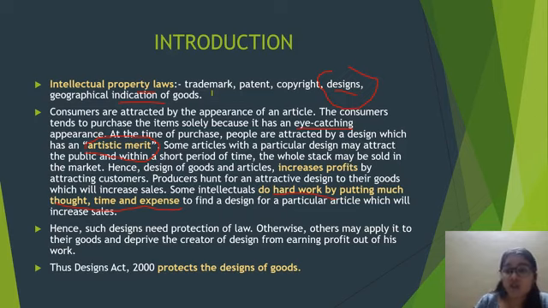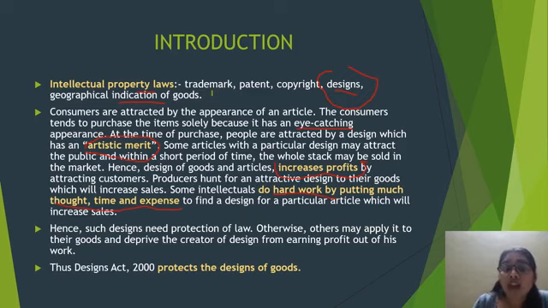Oftentimes we go to a store and we see a product, we are instantly attracted to it and we buy it. So this will lead to an increase in sales and an increase in profits. The producers of a particular product or article often hunt for an attractive design for their products, which will increase sales.